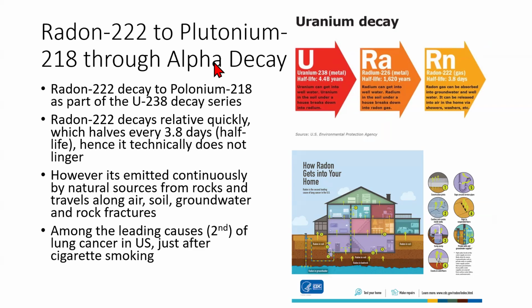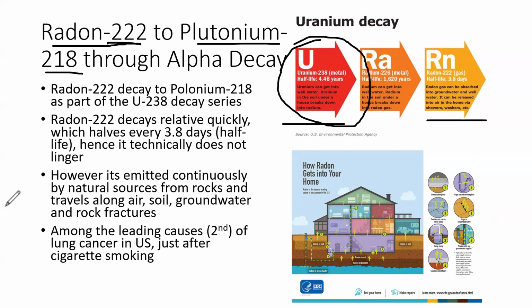Now let's talk about an example of alpha decay: the decay of radon-222 into a plutonium with an atomic weight of 218. You only get radon gas when you have uranium-238.